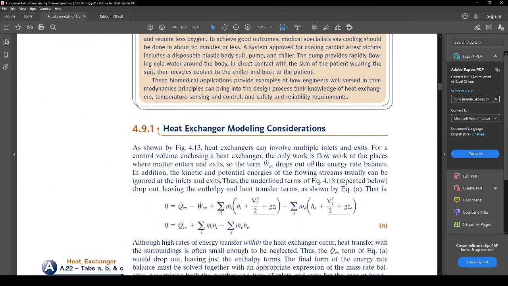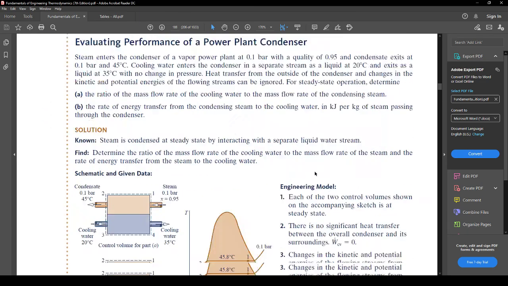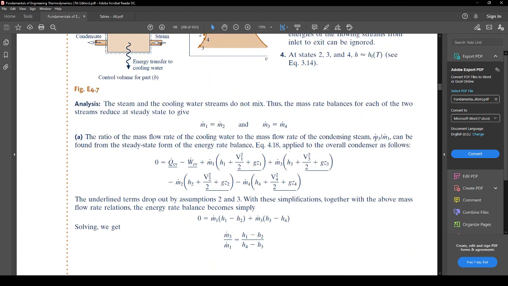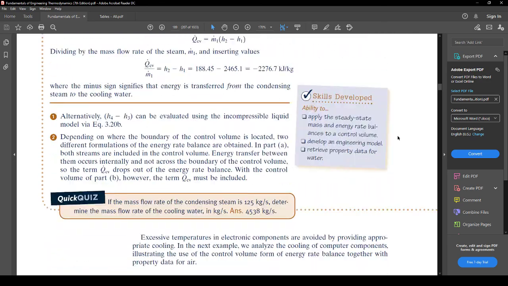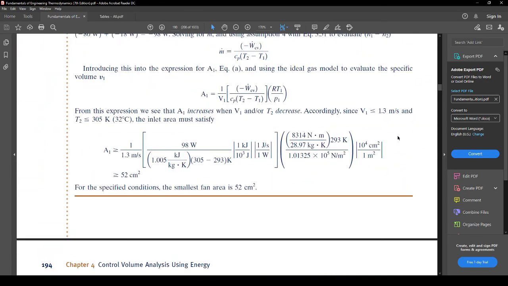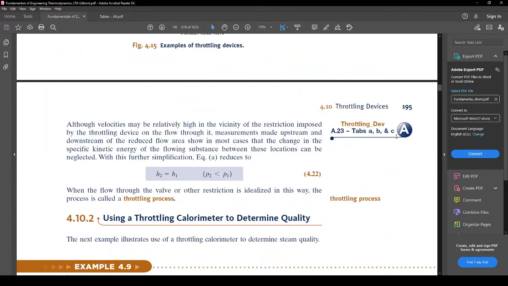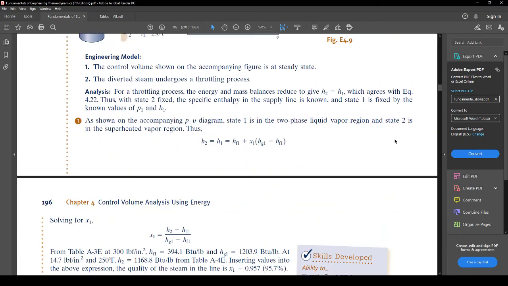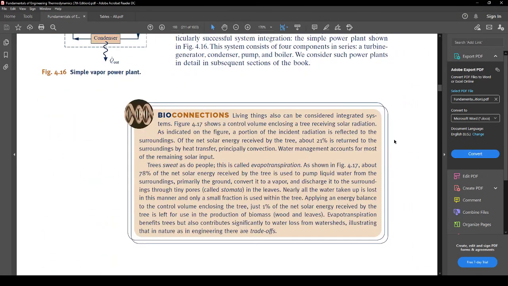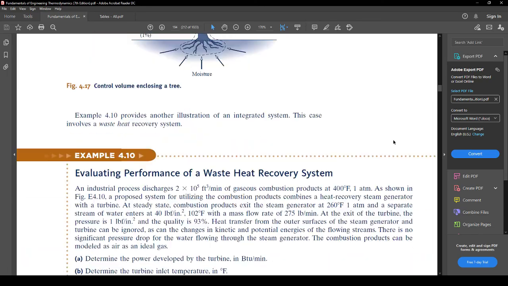So, heat exchanger modeling. It says, as shown by figure 4.13, I'm actually going to go find this because I'm kind of getting annoyed by where they're showing these pictures. I wonder why they're so far down. Or if I missed it already. 4.13.